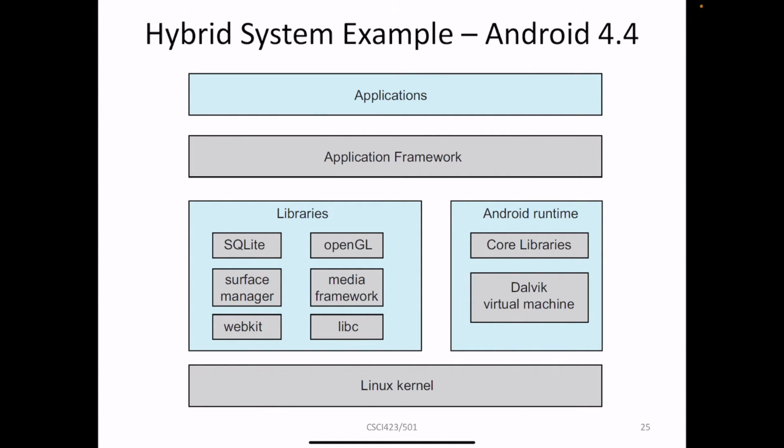Another mobile operating system example is Android, which is another very popular mobile operating system. Different from iOS, Android is an open source operating system based on the Linux kernel. It further extends the Linux kernel with battery management. For desktops or even laptops, people don't care about the battery very much.